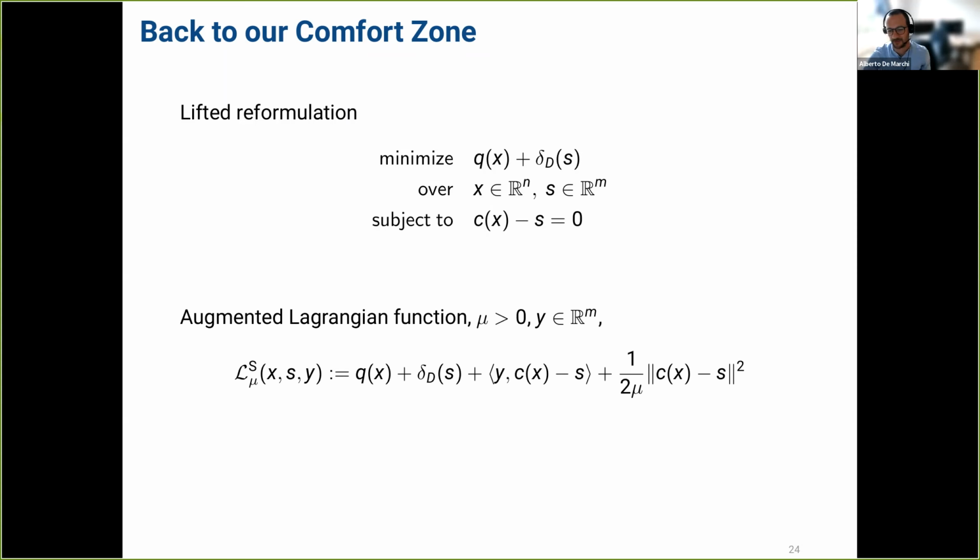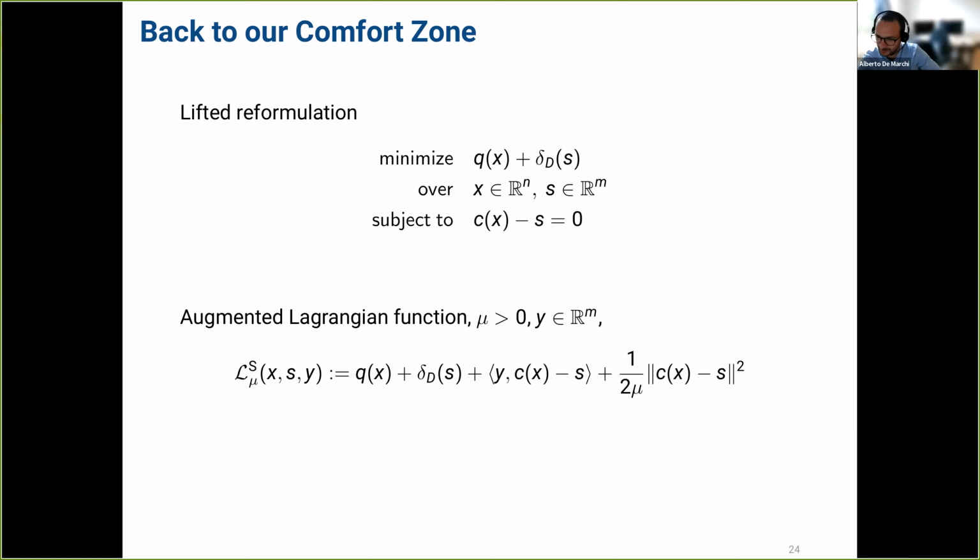So we introduce the augmented Lagrangian function. I denote mu the penalty parameter, and y is the estimate of the dual variable. And so the augmented Lagrangian function is just the sum of our objective function for this lifted reformulation, then we have the inner product of y with the constraint, and then we have the penalty term with this quadratic cost.